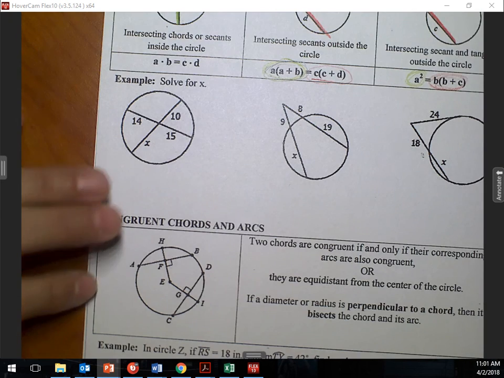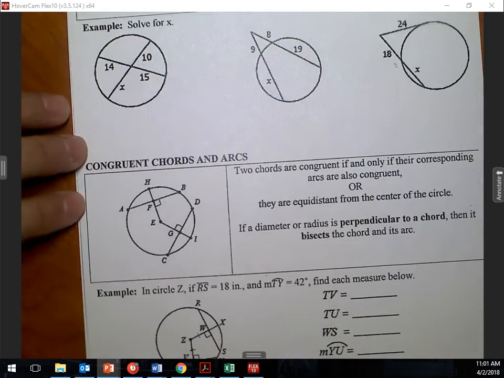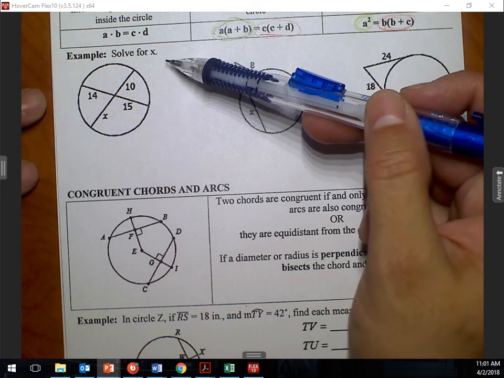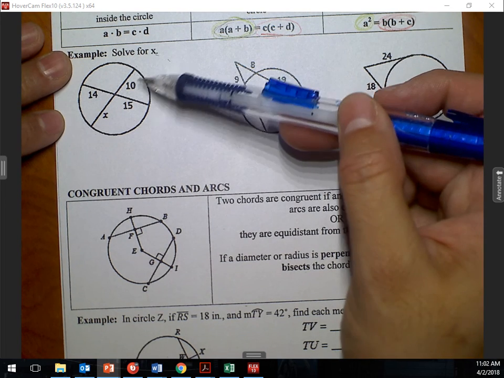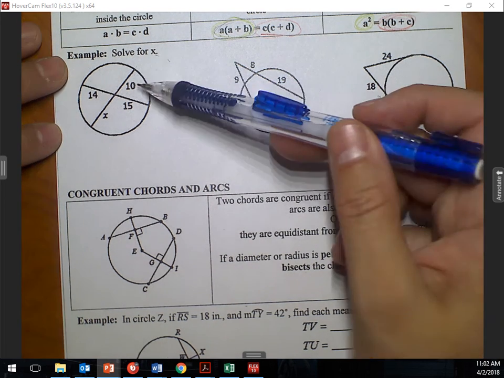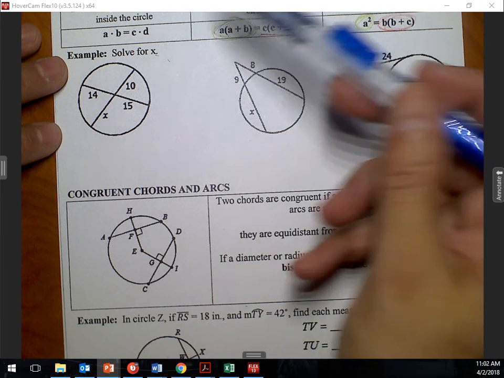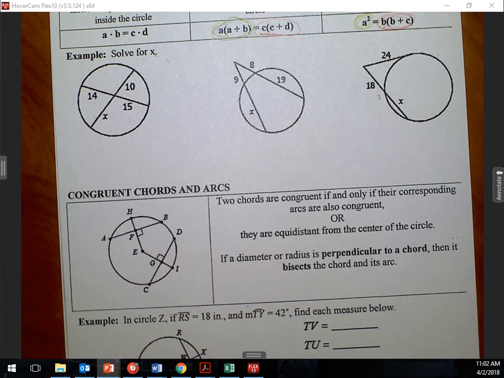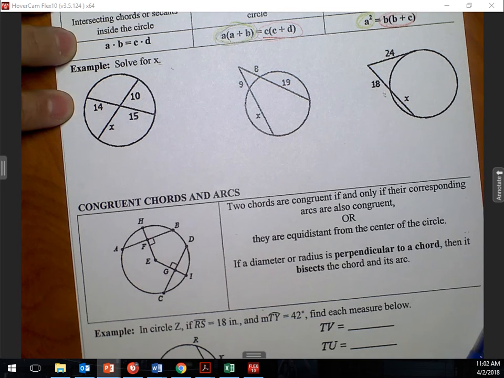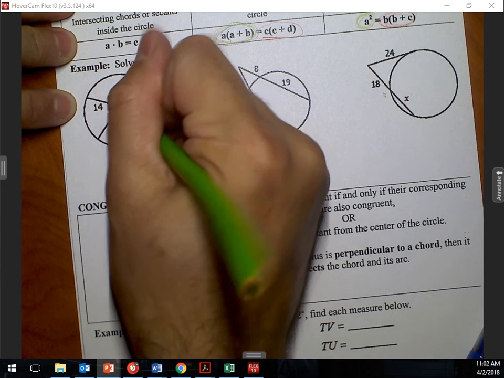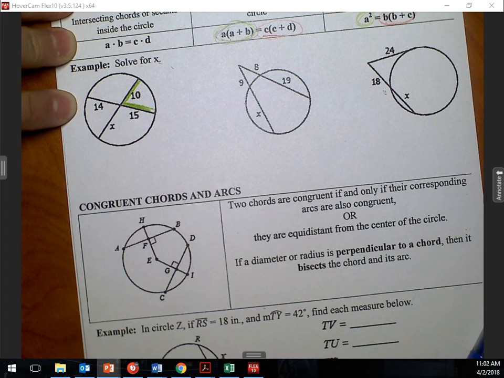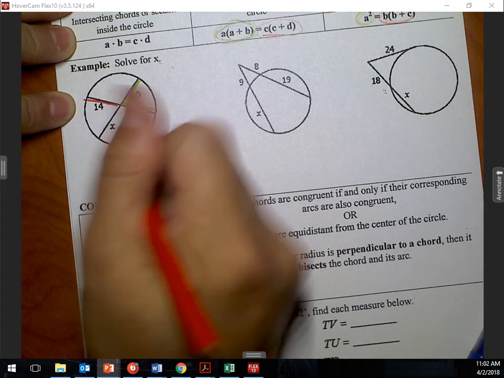Okay, so let's go through and look at this problem right here. Class, is this intersecting on the inside or the outside? Inside. So therefore it's going to be type 1 right here, right? Okay, so my formula on this, I'm going to use my colors again. I'm going to just color one side and now color the other.